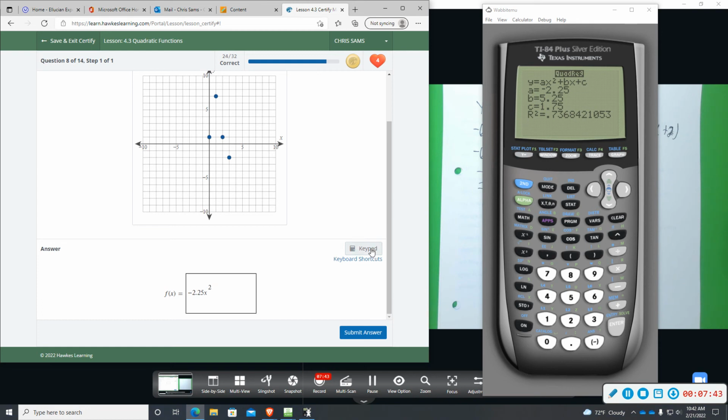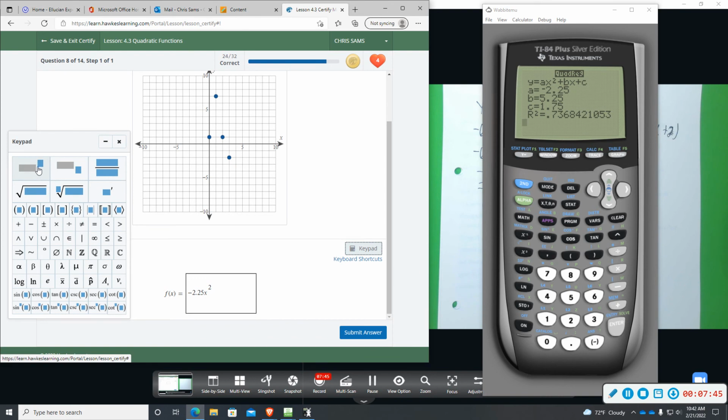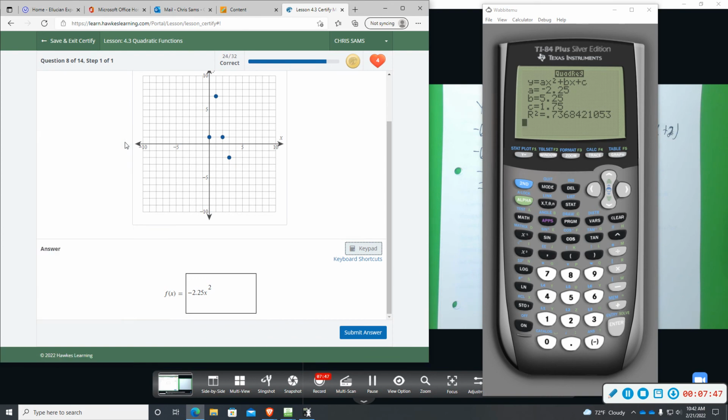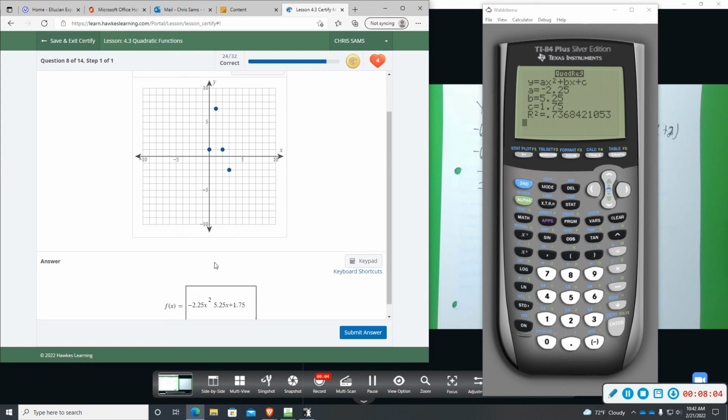But you can do the keypad and then you can get exponents that way. I like to use as much keyboard functions as possible. Then we have 5.25x, and then we have plus 1.75. So these are the a, b, and c values we just plug in here for our quadratic regression.